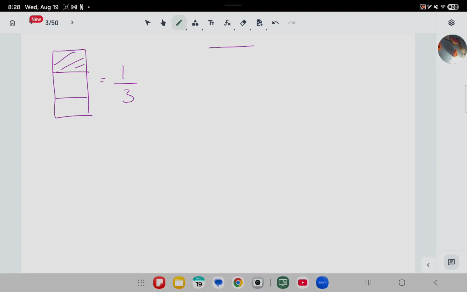Alright, let's draw the one with 6. So we have 1, 2, 3, 4, 5, 6, 6 equal parts. So we know the denominator is 6. Let's say we shaded 2 out of the 6.